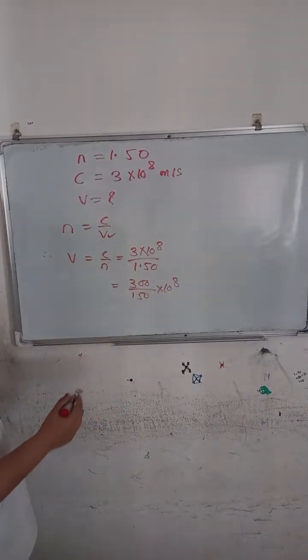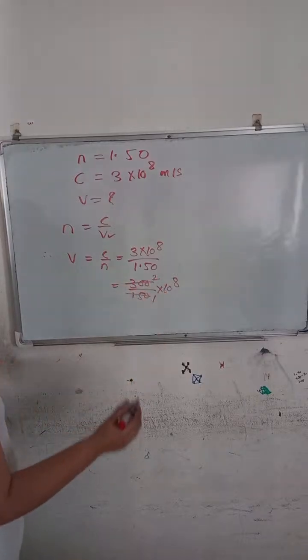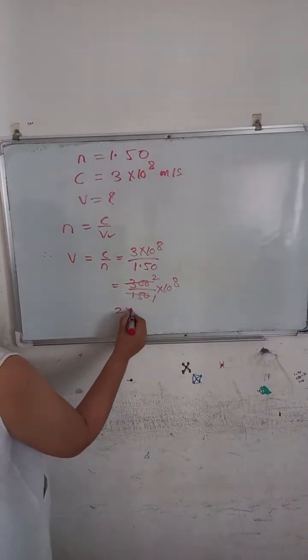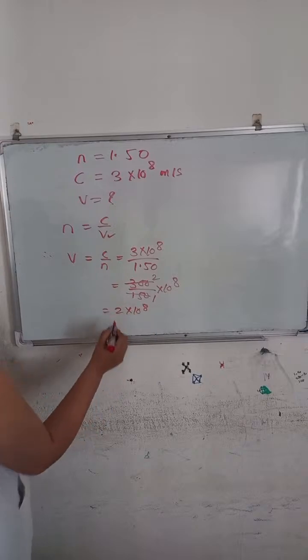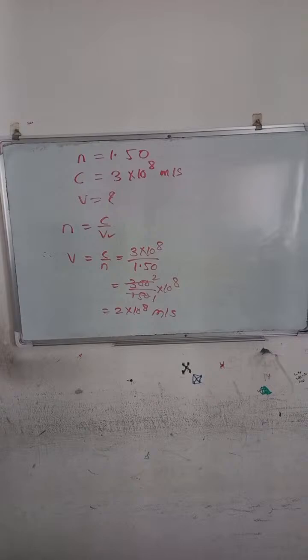Remove the decimal point, so 150 twos are 300. So the answer you will get is 2 into 10 raised to 8, unit is meter per second. Getting this? This is a 1 or 2 mark question. Copy this. Getting the answers, how I am calculating?